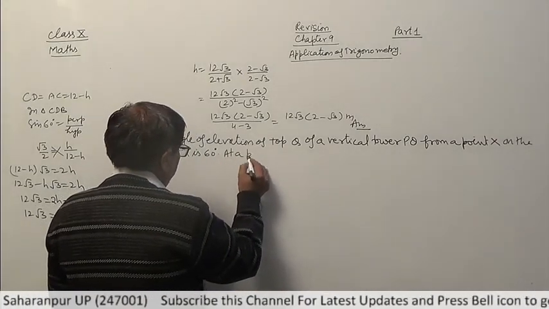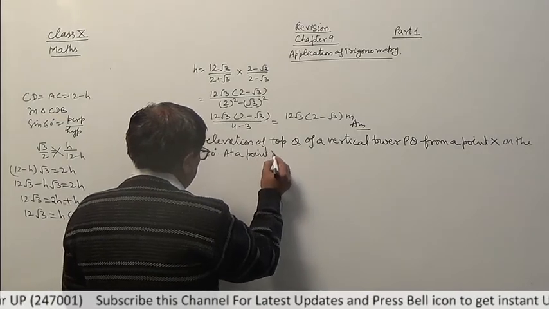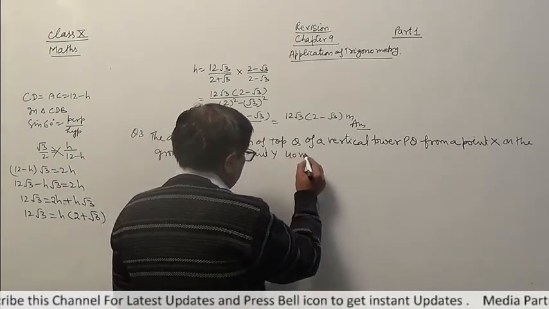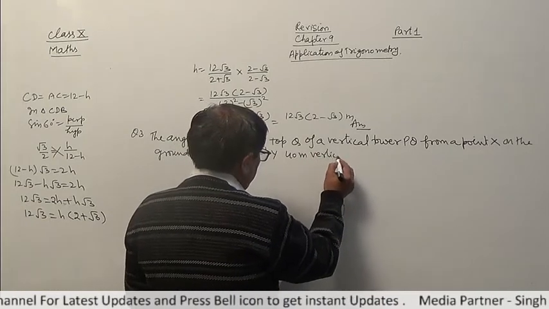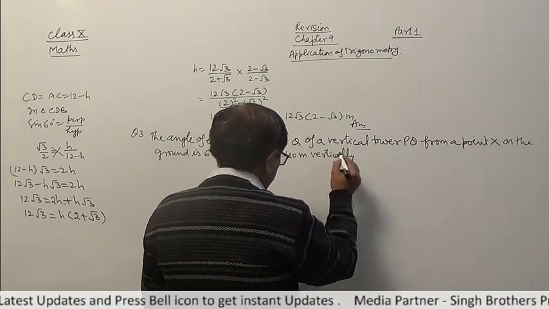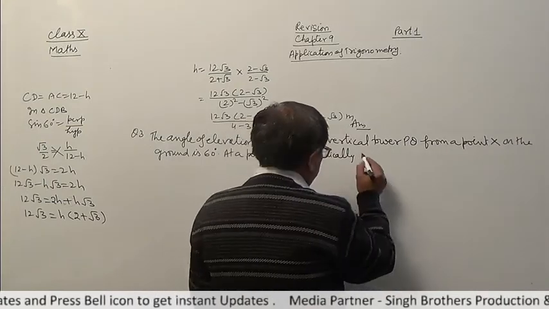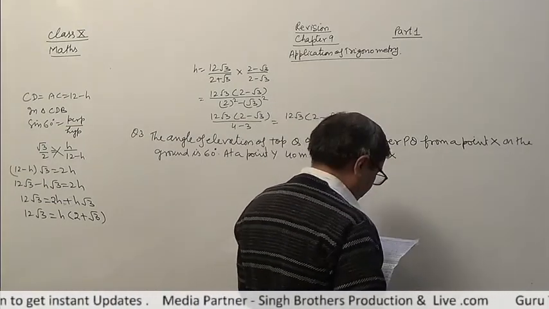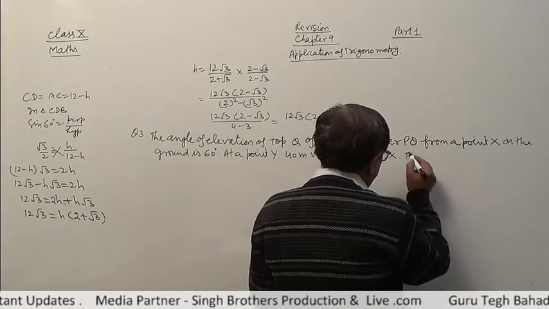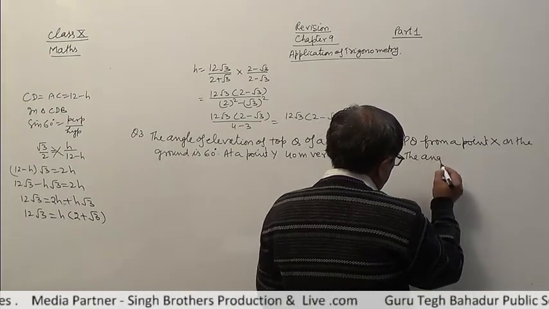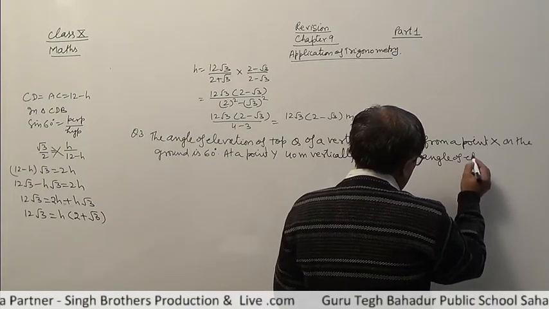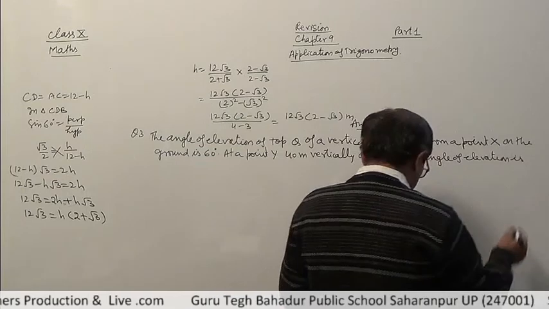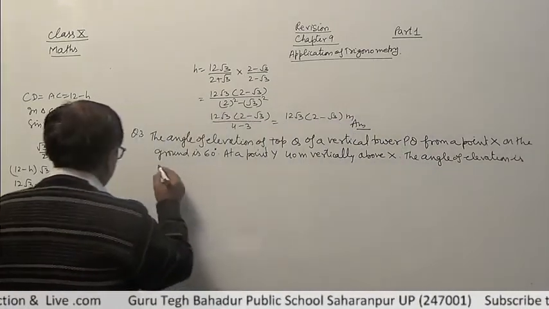At a point Y, 40 meter vertically above X, the angle of elevation is 45 degree.